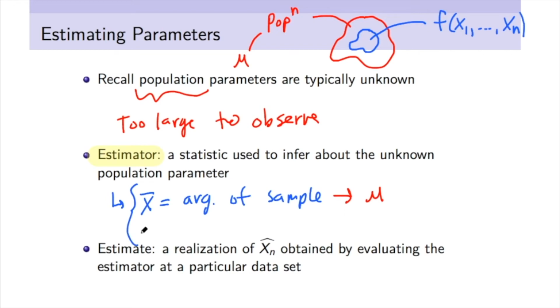So we could also have the median statistic. We could have the median of the sample, x1 all the way up till xn, and this median statistic would be informative about some other parameter. So in this case, it could be informative about alpha, which is the median of the population.